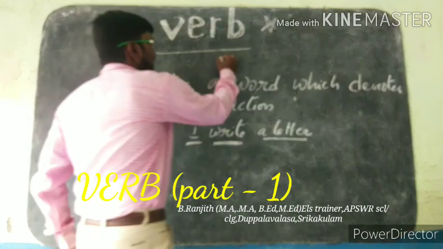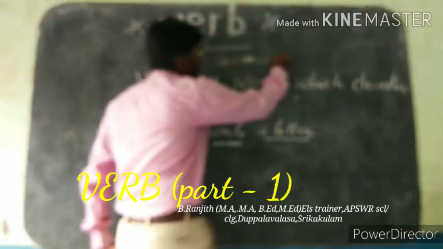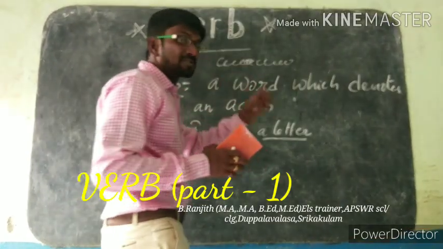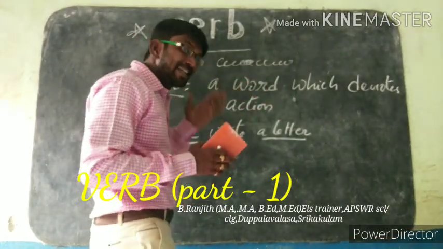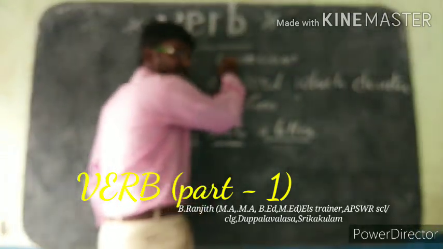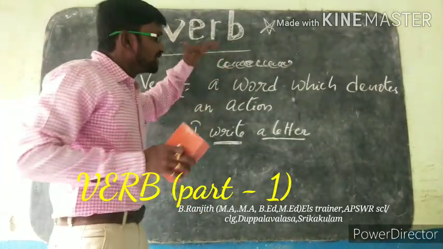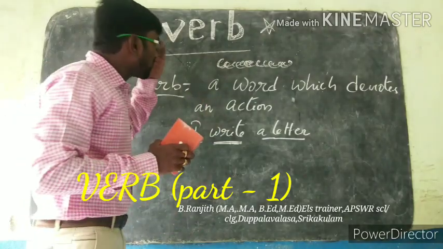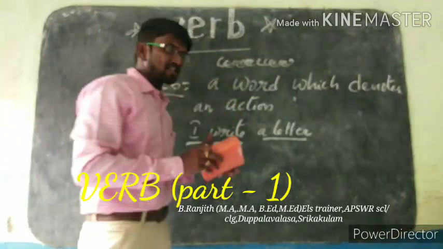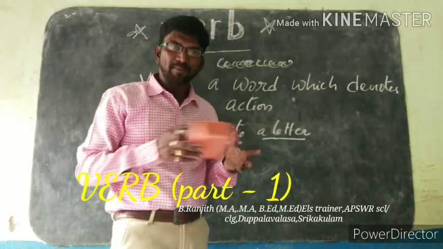For example, what am I doing here? I am writing. Writing means the verb write. The word write indicates this action. Another example: what am I doing here?